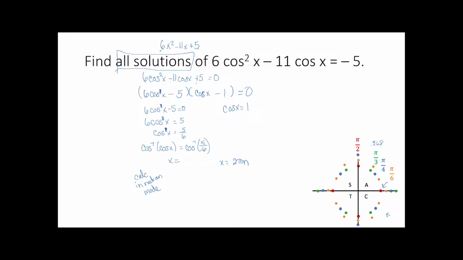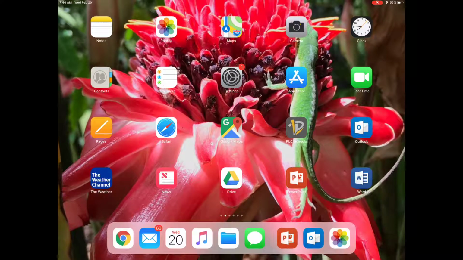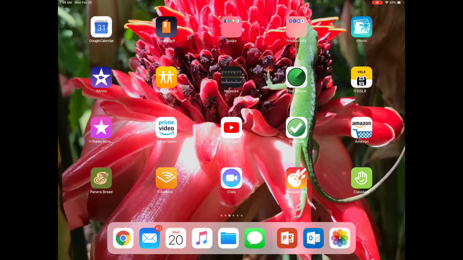When you do that, it doesn't matter to me if you take a shortcut and say whatever that radian measure is plus 2 pi n from up here, and then also a negative whatever that is plus 2 pi n. So inverse cosine of 5/6. Let's go break out some calculator.